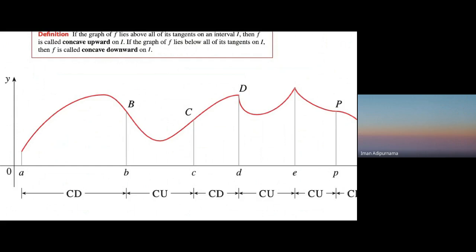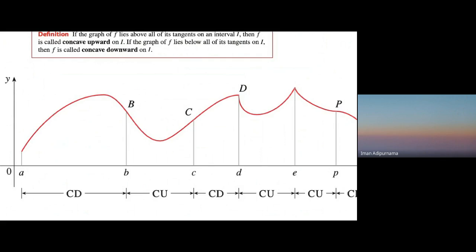From here it slightly changes, a little bit changing here, and going there. So probably at B, we will have the second derivative equal to 0, or we call this an inflection point. And also at C, you get upward and then going back to downward here.